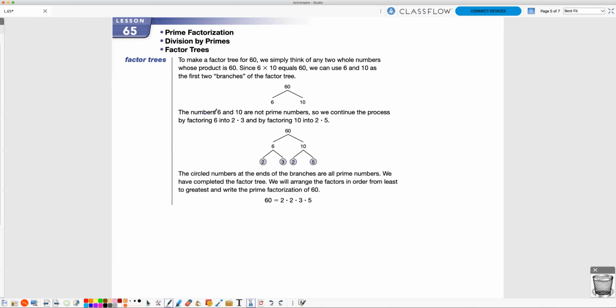The numbers 6 and 10 are not prime numbers, so we continue the process by factoring 6 into 2 times 3 and by factoring 10 into 2 times 5. The circled numbers at the ends of the branches at the bottom of the tree are prime numbers. We have completed the factor tree. We will arrange the factors in order from least to greatest and write the prime factorization of 60. 60 equals 2 times 2 times 3 times 5.